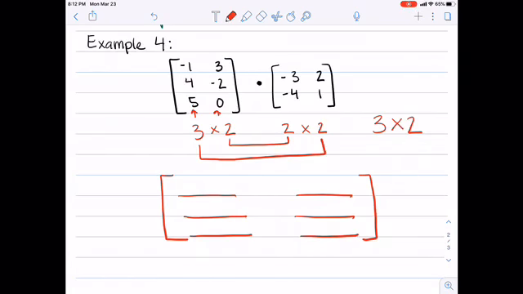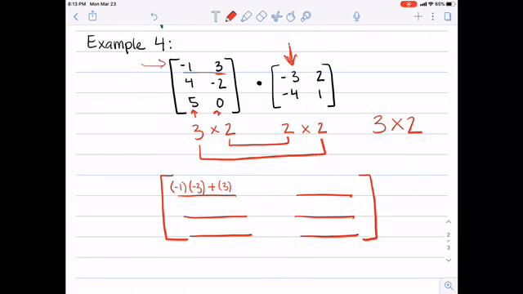Now, when we multiply together, we multiply row by column. So I'm going to start to get my first spot. I multiply my first row by my first column. So I have negative 1 times negative 3 plus my second number 3 times negative 4.